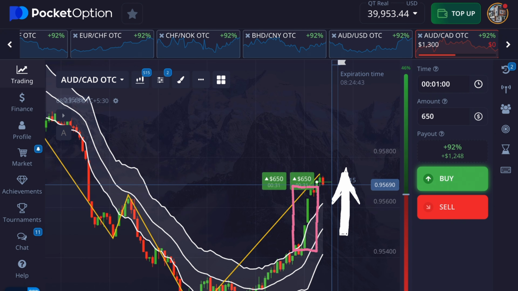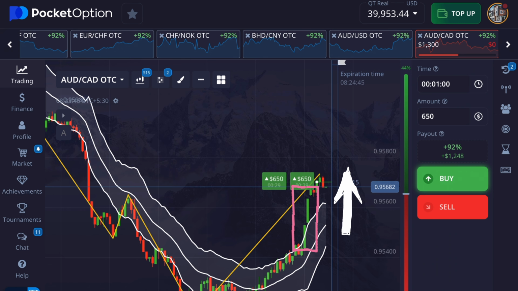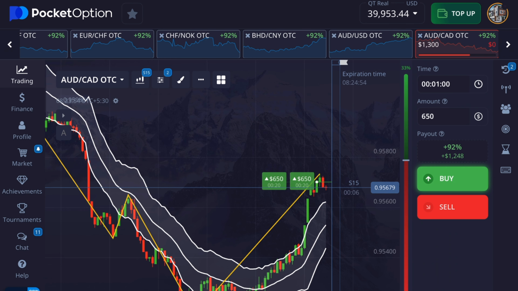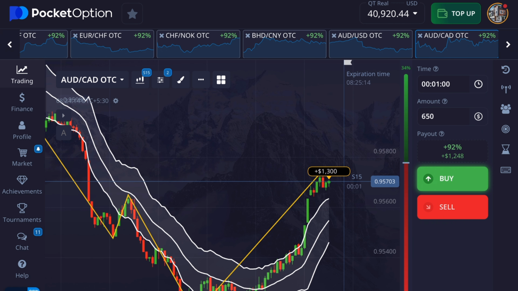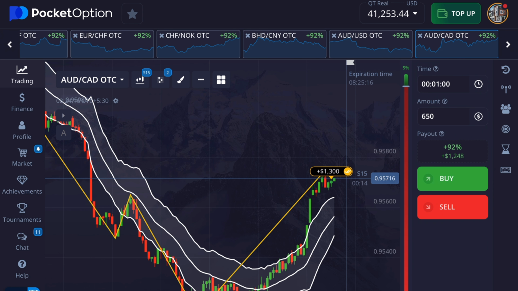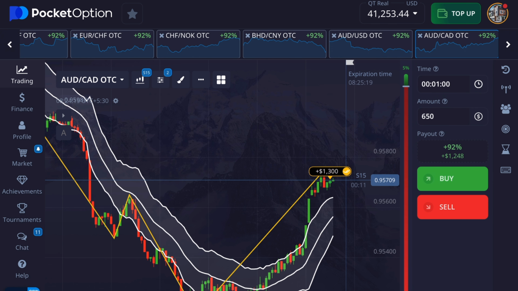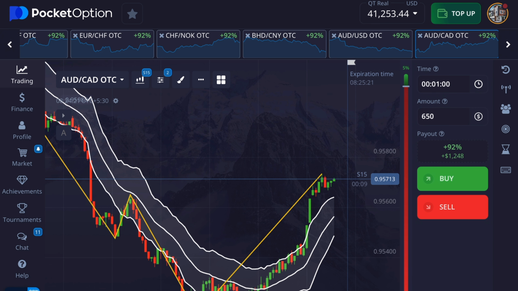That is why I placed an entry here in the upward direction. So unfortunately, my amount has been refunded here, no problem. Now I will look for a new entry on the next chart.